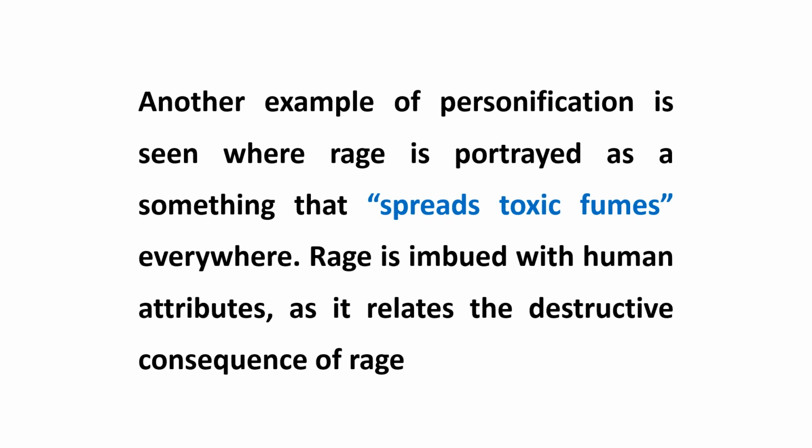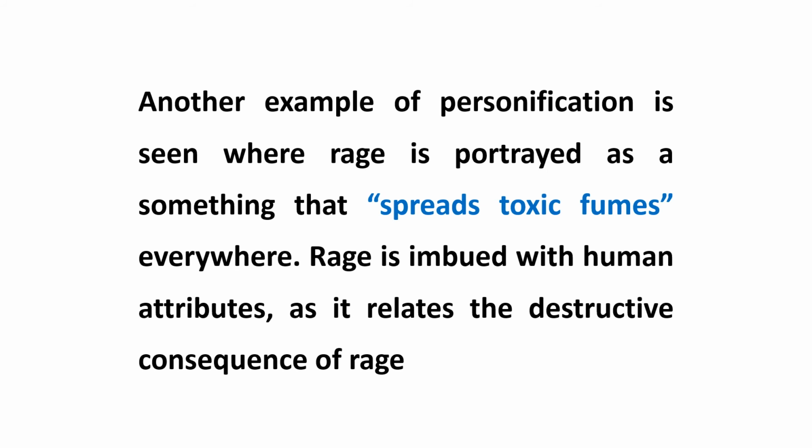And another example of personification, so we don't just end it there. Another example is seen where rage is portrayed as something that spreads toxic fumes everywhere. Rage is imbued with human attributes as it relates the destructive consequence of rage. Rage spreads toxic fumes everywhere.